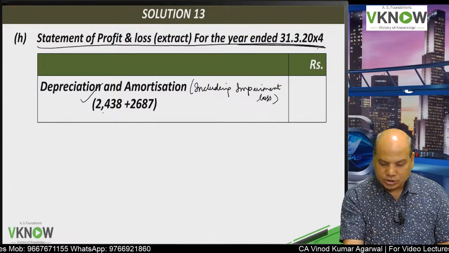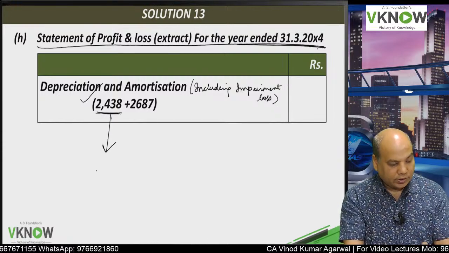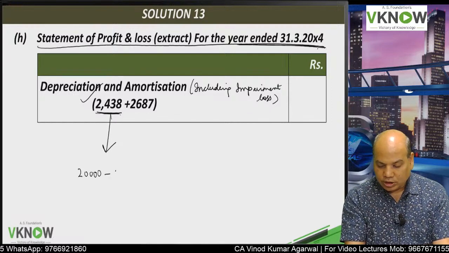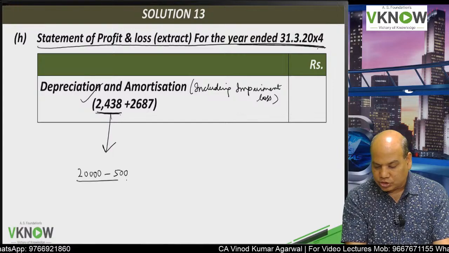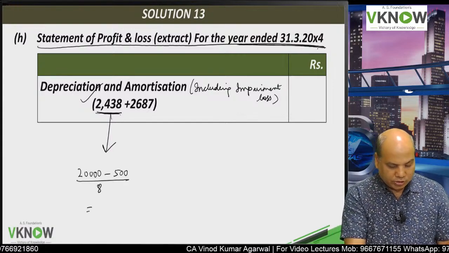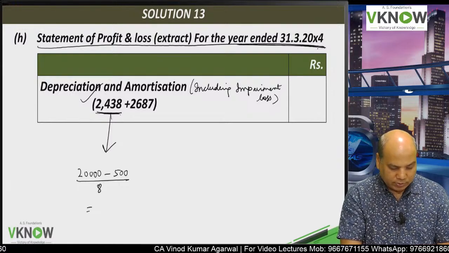So depreciation will be 2438. How this 2438 has come? If anybody interested in knowing, your annual depreciation charge is 20,000 minus 500 divided by 8.